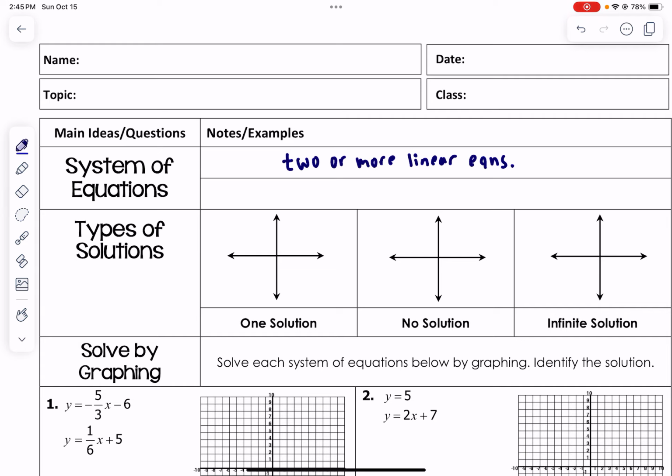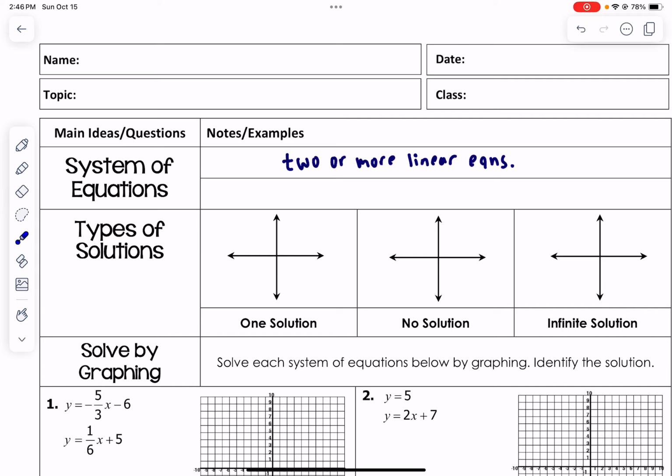Once again, systems of equations really just means two or more linear equations. So a very important feature that we want to look at is where these two equations that you're given intersect, if at all.